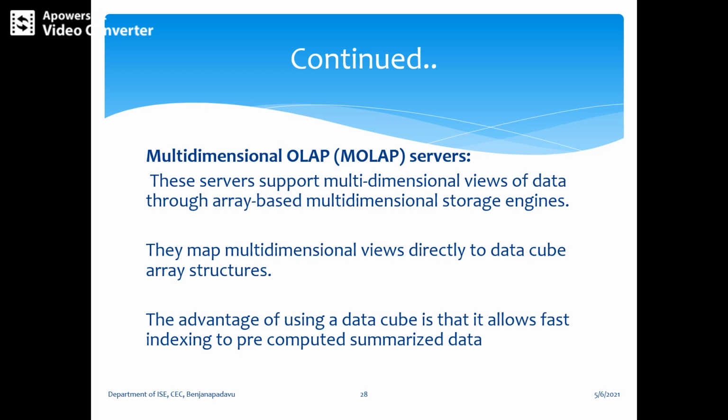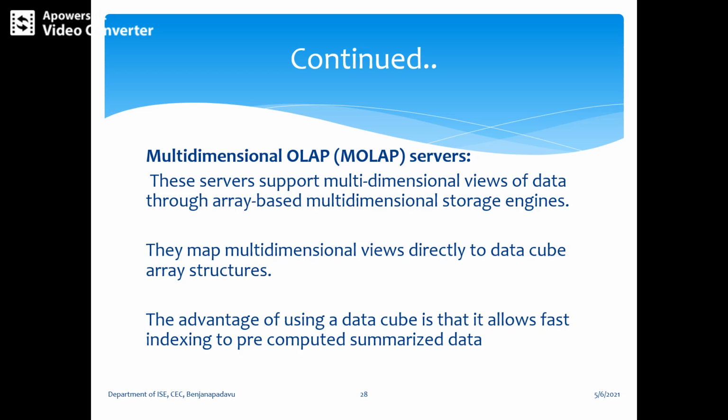The advantage of using a data cube is that it allows fast indexing to precomputed summarized data. Many MOLAP servers adopt a two-level storage representation to handle dense and sparse data sets. The denser subcubes are identified and stored as array structures, whereas sparse subcubes employ compression technology for efficient storage utilization.